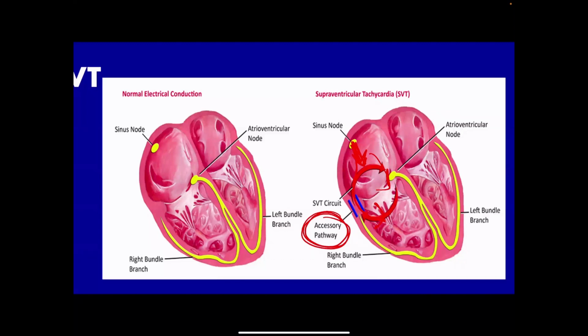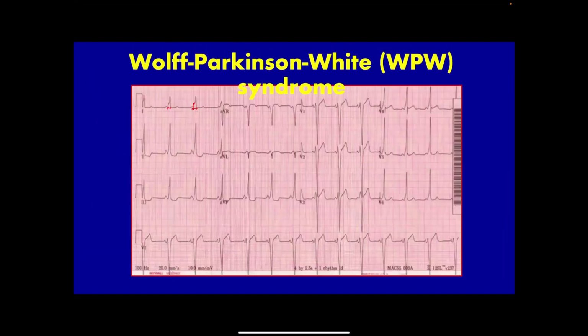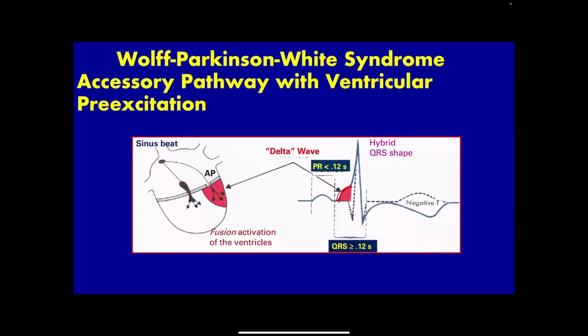The contraction of the ventricles won't look completely normal. It will only look completely normal if it's following the normal conduction system. So that's why we see these signs. Is this clear? Inshallah, I hope. Yes. Okay.